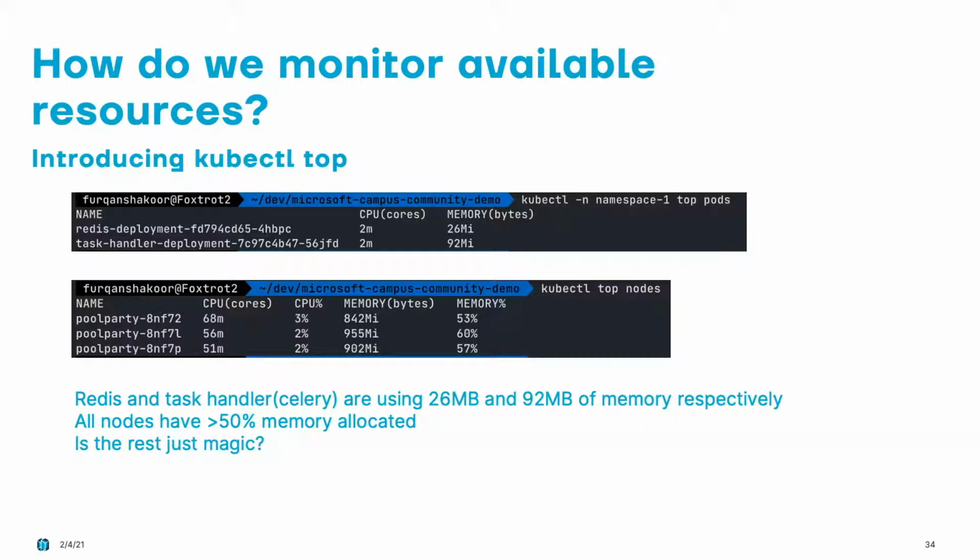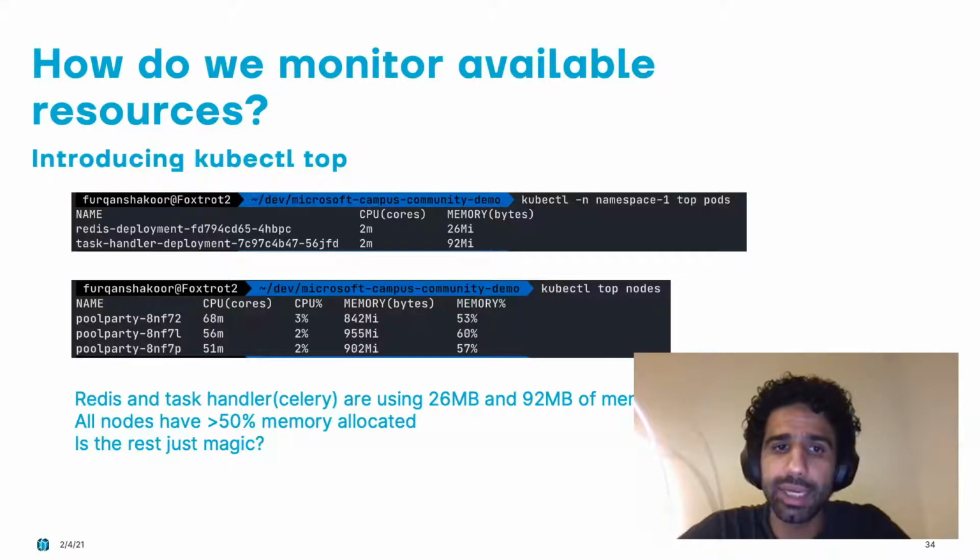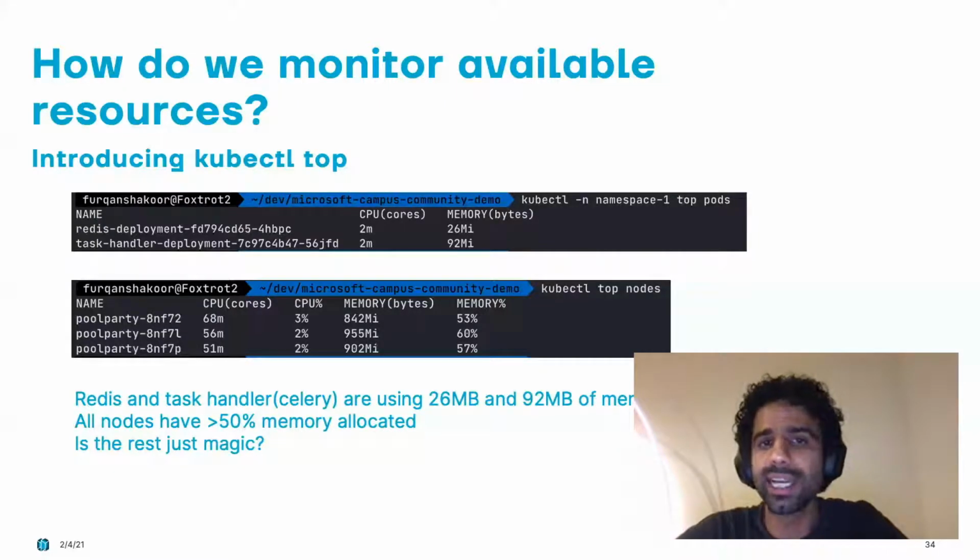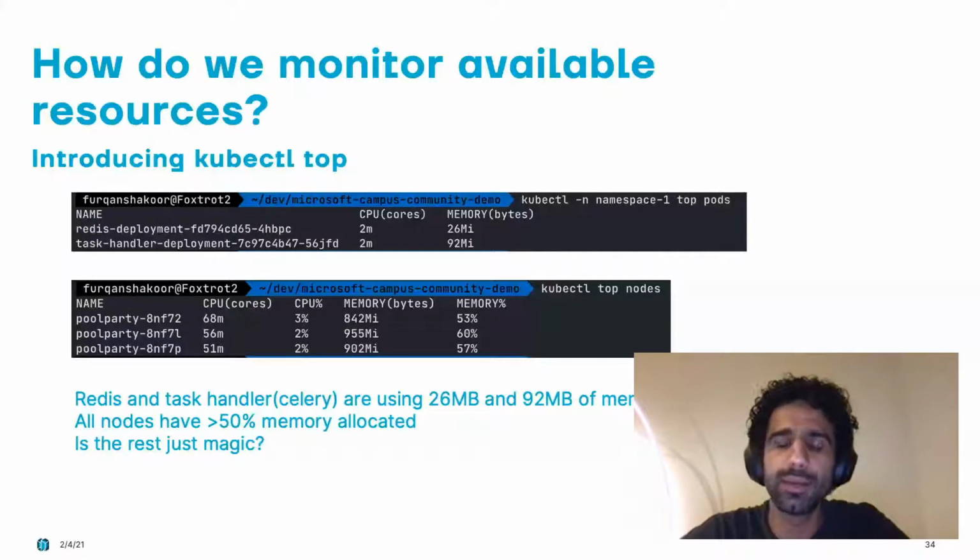And we can see that nodes already have more than 50% of their memory allocated. What else is running on these nodes is the rest is magic. This is the exact point that I found myself with that problem that I was having.